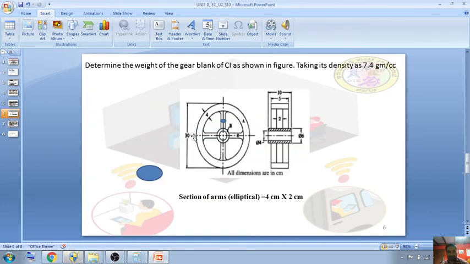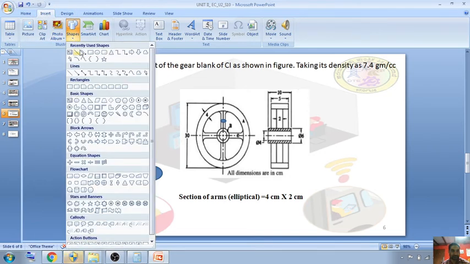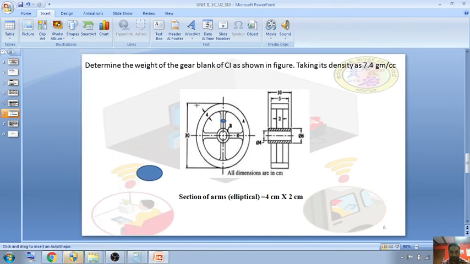Now we just halve this. In order to find out the length of this rib, I will tell you the simple procedure. Just take half of this, and it will give the length from here to here, from this center to this center. So half of that, 30, is 15 centimeter.